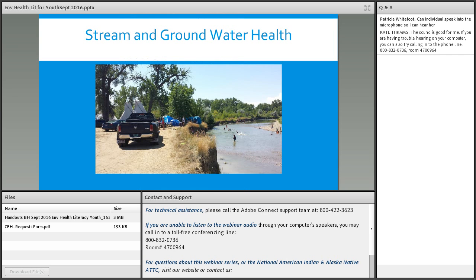The next major concept that we talked about was stream and groundwater health. We visited several sites that are important in the community to talk about the health of the streams. That tied in with how we have to take care of our water, because our water is important to our personal and community health.